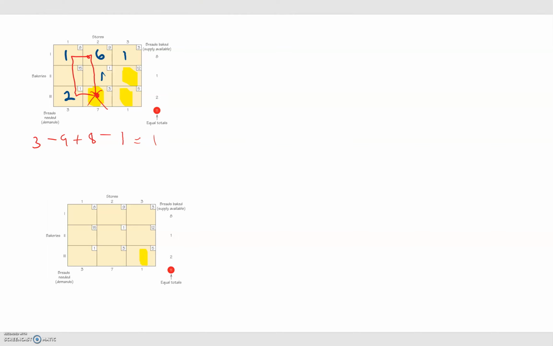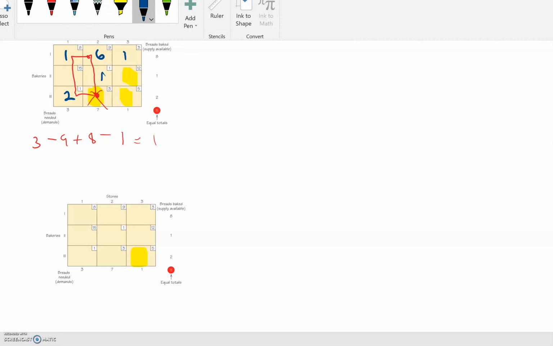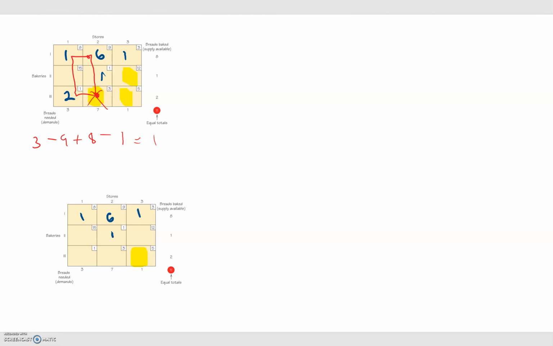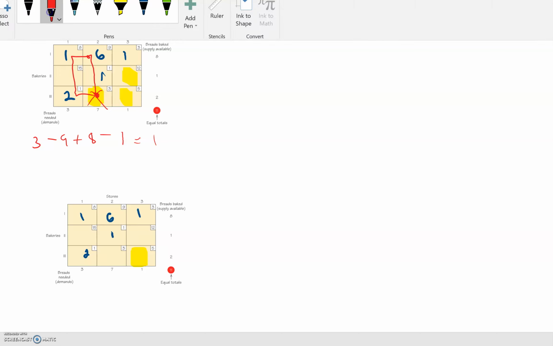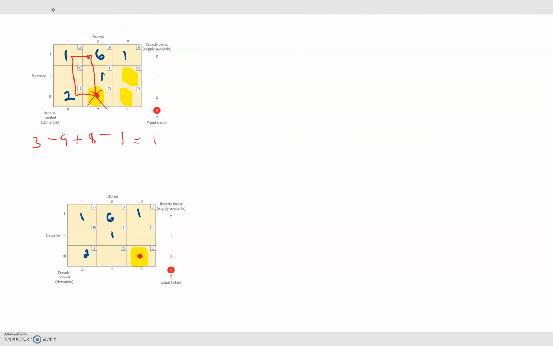Right now I'm going to check this one. So I'll start here, plus. My only possibles: plus, minus, plus, plus, minus, plus. Nope, that won't work. Plus, minus, plus, minus.